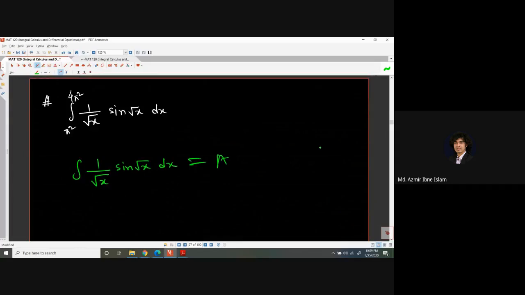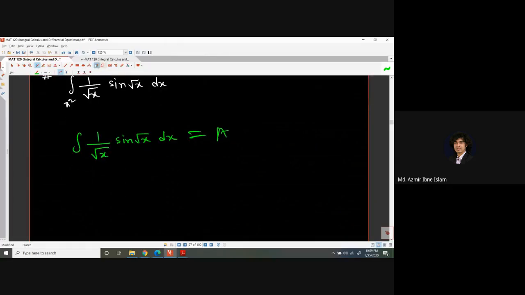Okay, so let's try to find this integral at first. Again, we don't have a direct formula for this one. So we can take the help of the u-substitution method. Let's take any function that may or may not be suitable.